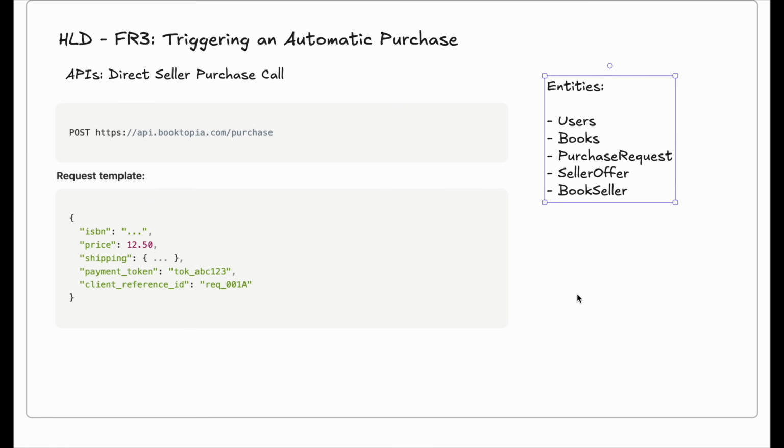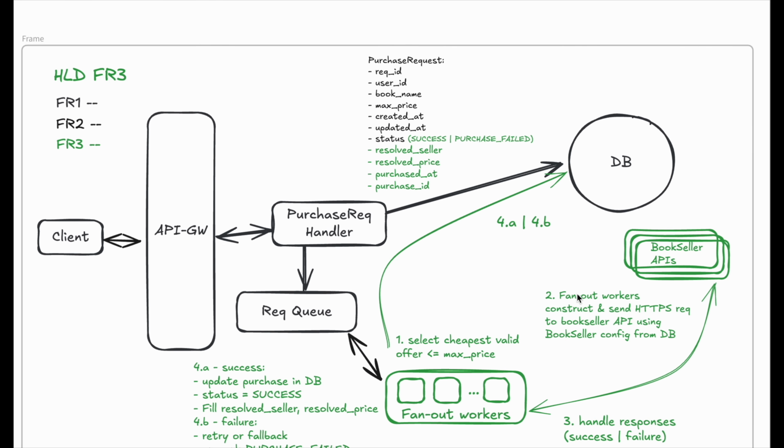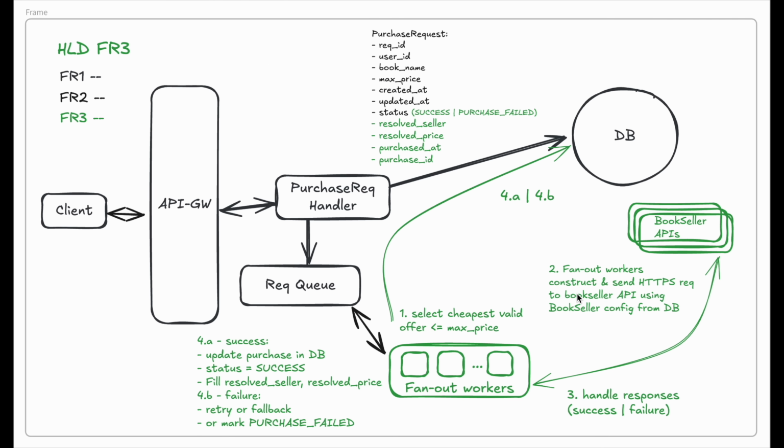Let's check out the workflow in our design diagram. Step 1. The fan out worker from functional requirement number 2 selects the best valid offer from the seller responses, where price is less than or equal to the max price. Step 2. The worker initiates a direct HTTPS call to the selected bookseller's purchase API, using the configuration stored in the bookseller entity.